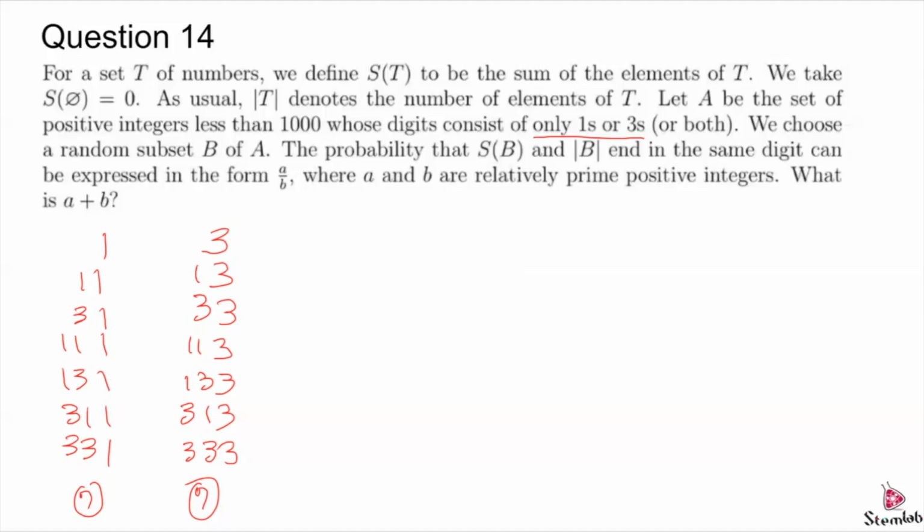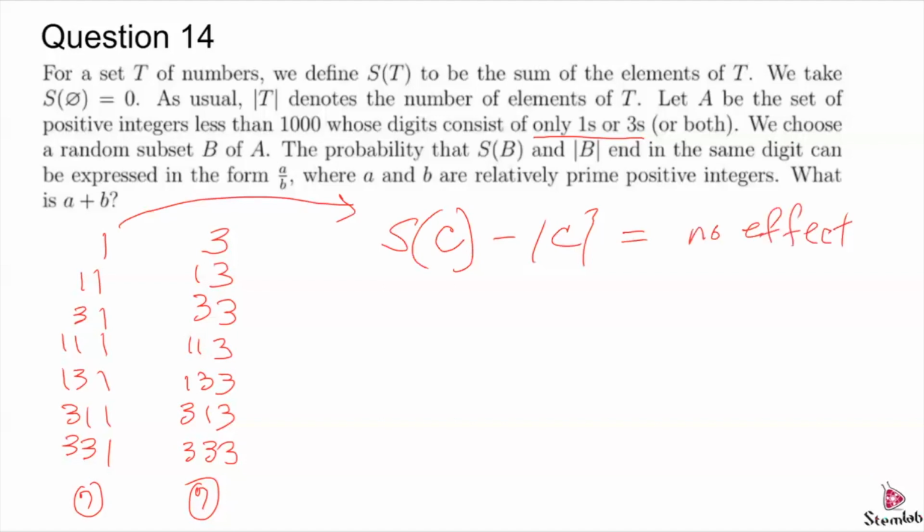So if we take S of some set C minus the count of C, picking from the set that ends in 1 doesn't affect the units digit of the difference. No effect: if it's already equal, it will remain equal.